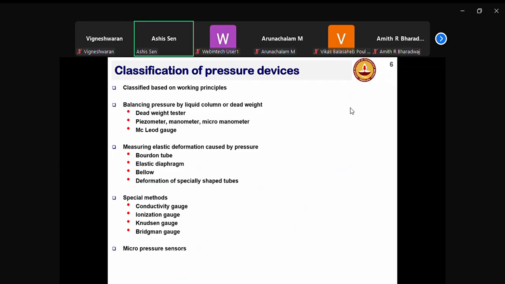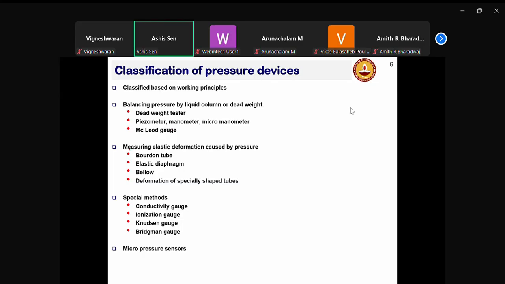So basically these pressure sensors are classified based on the working principles. The first kind of method that we're going to look at is based on the balance of pressure by liquid column or some kind of dead weight. So in this category, we're going to look at dead weight tester, piezometer, manometer, micromanometer, McLeod gauge.